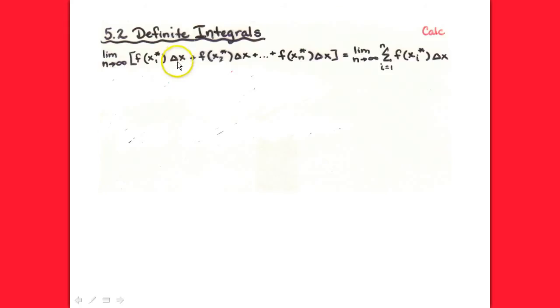And then we were multiplying it by the change in x because that was base times height, so that was the area of the first rectangle, plus the area of the second rectangle, all the way down until we got to the area of the last rectangle. And we said another way to sum that up would be to keep that limit notation out in front, but we could write this as a summation. And the way that we would do that is we would use sigma notation to say the summation from 1 to n of f of x sub i.